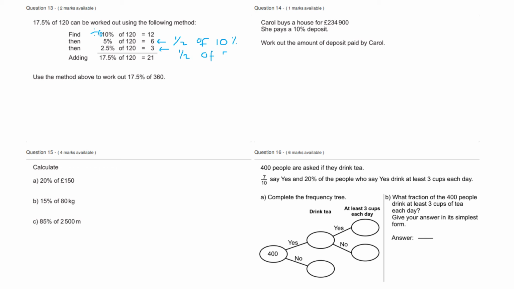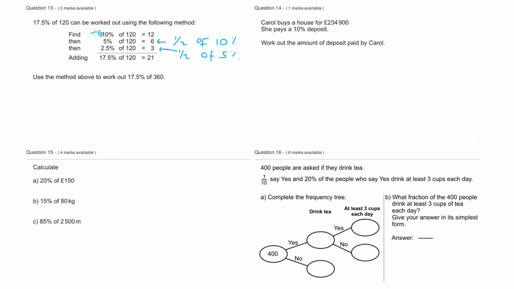So if you know 10%, you can easily get 5% by halving it. And if you want 2.5%, you're just half your 5%. And then you can add those all together. So you're going to do the same thing for 360. So lay it out just like they've done it here to get your answer.